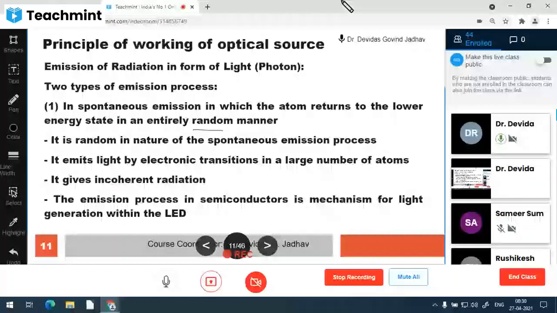The spontaneous emission process emits light by electronic transition in a large number of atoms. So a very large number of atoms transit from higher state to lower state. That's why a large number of photons are emitted, and it gives incoherent radiation. So the emitted photons are random. That's why they are not in phase. Therefore, it is incoherent. And where is this process observed? In the device LED. This emission process is the semiconductor mechanism for light generation observed in LED.